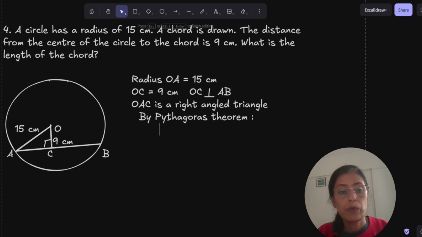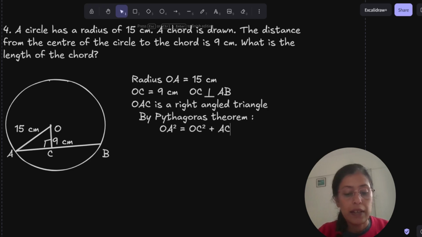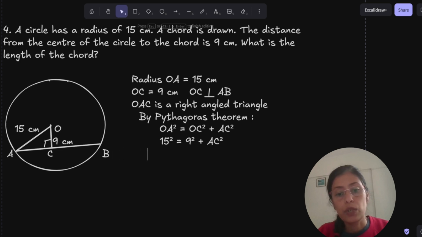Pythagoras theorem, we have OA square will be equal to OC square plus AC square. So this is 15 square, OC square is 9 square, and AC square is something which we don't know and we need to find out.